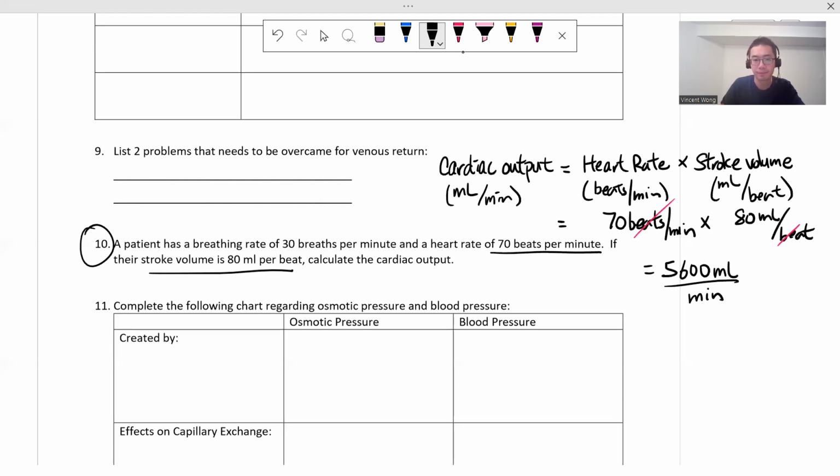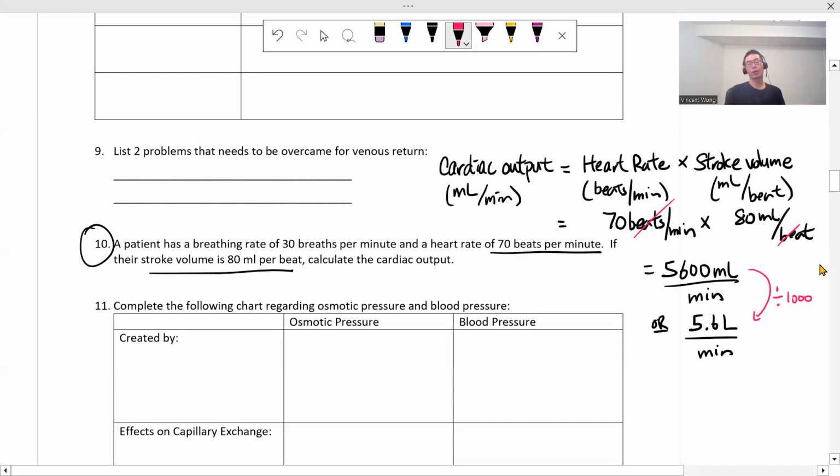Or we can say 5.6 liters per minute. You can just divide it by 1,000 because there are 1,000 milliliters in a liter. So just familiarize yourself with this. There will be at least one calculation question on the quiz that uses this formula.